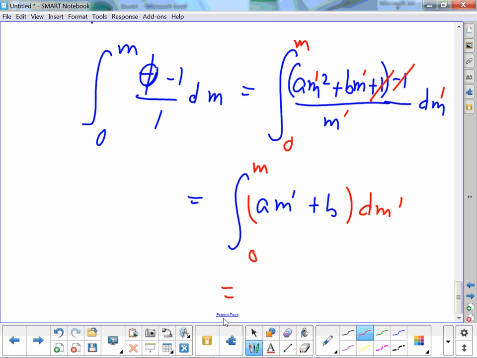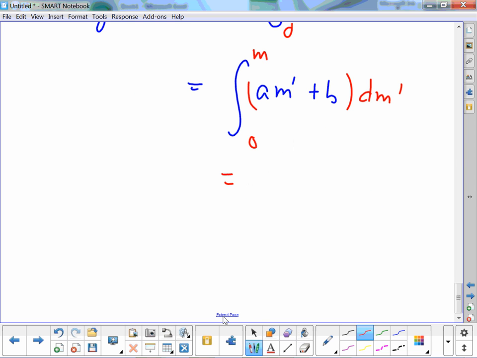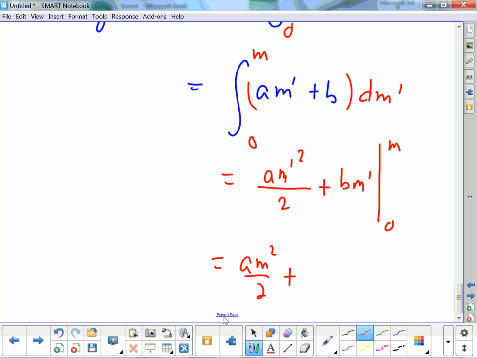That's going to be equal to am prime squared over 2 plus bm prime evaluated from 0 to m. Right? So it's going to be am squared over 2 plus bm minus 0 minus 0. Right? So that's your integral.